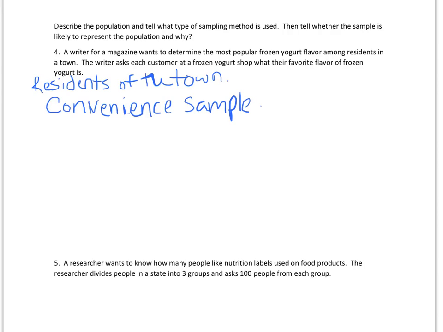And then tell whether the sample will likely represent the population. Why? I would say no, it's not. Because you want to talk about favorite flavor of yogurt, but you're talking to everyone who's going to the yogurt store, not just random people.